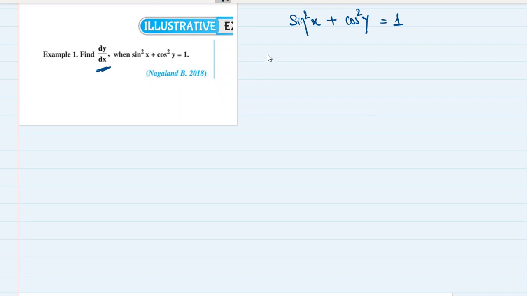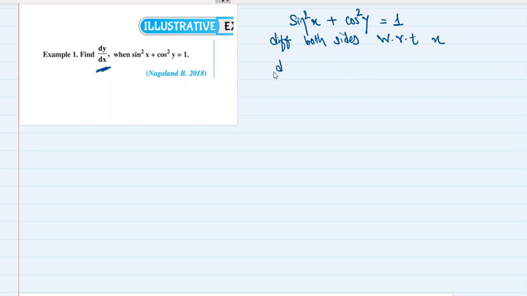So how do we find dy by dx? First thing we write is, see, what is dy by dx? Differentiation of y with respect to x. So let me write, differentiating both sides with respect to x.